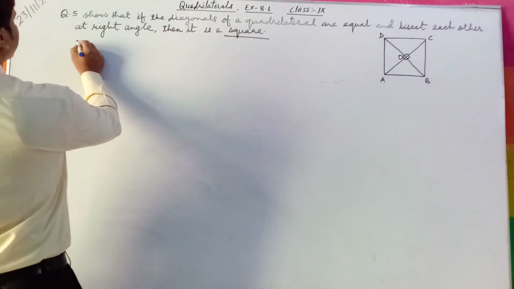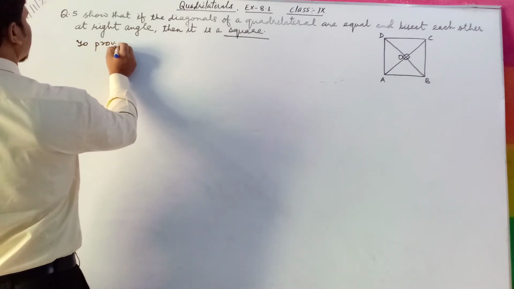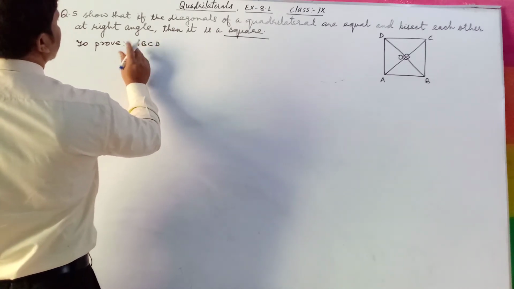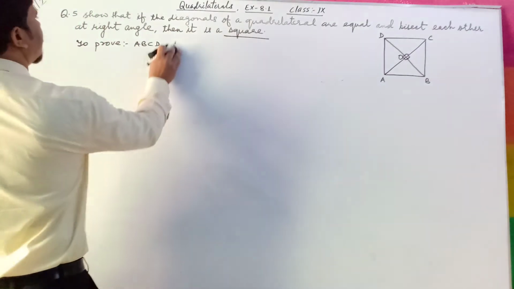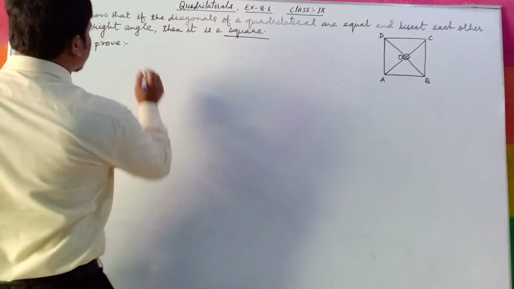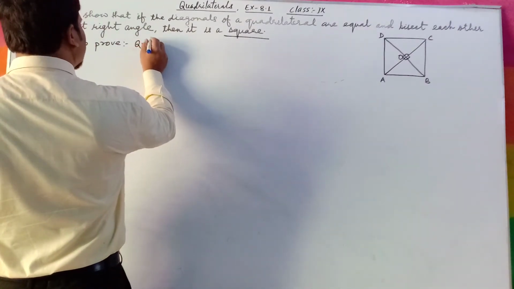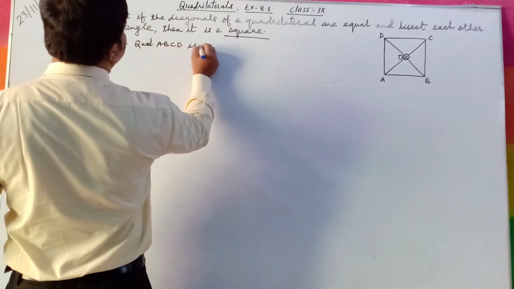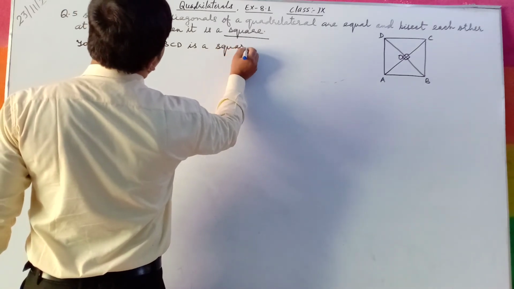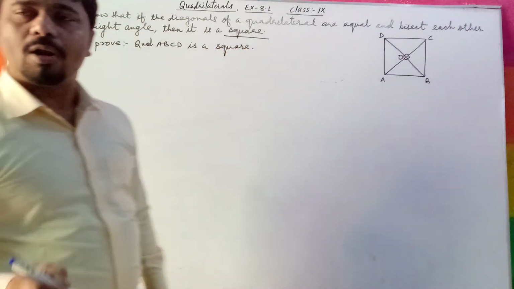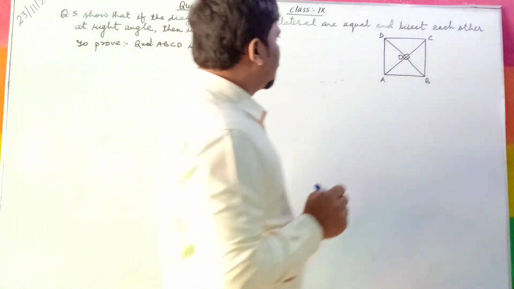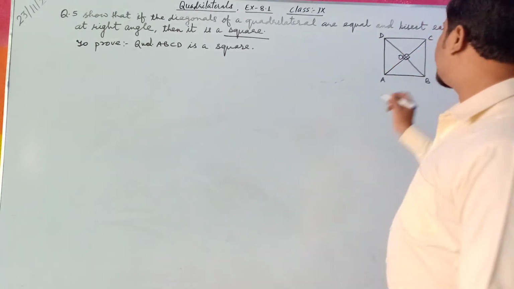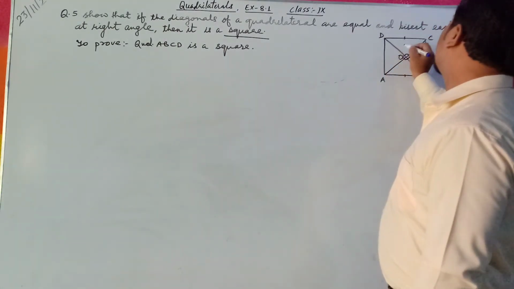We will prove quadrilateral ABCD is a square. That we have to prove. And I told you, for proving a square, what do we need? The special property. If you prove it, it means all sides are equal. First property, all sides are equal.